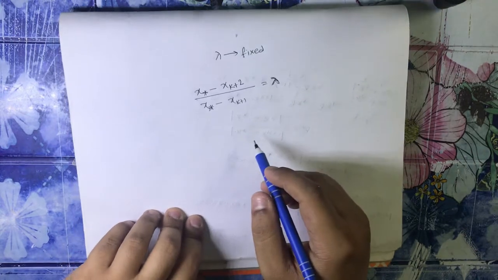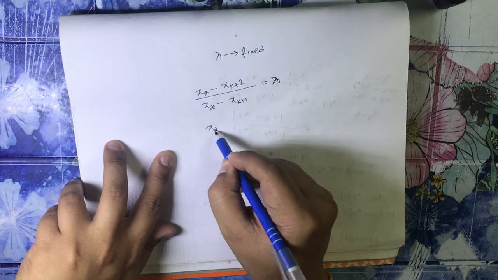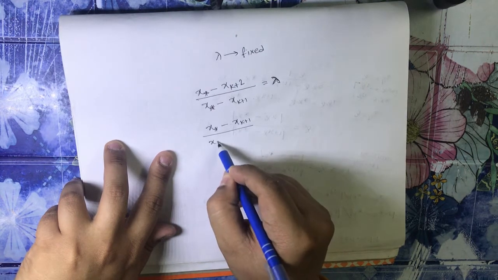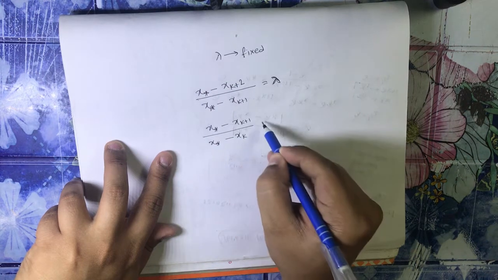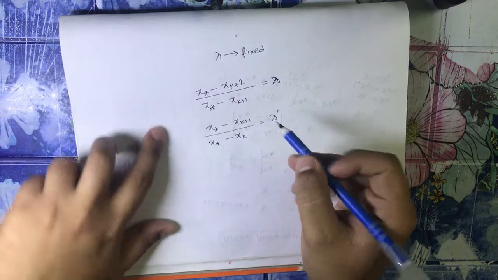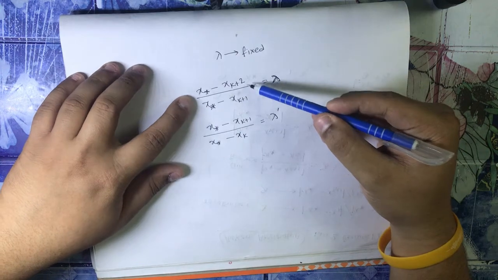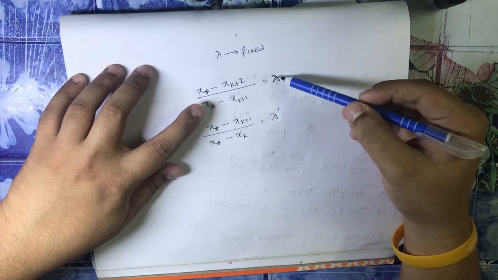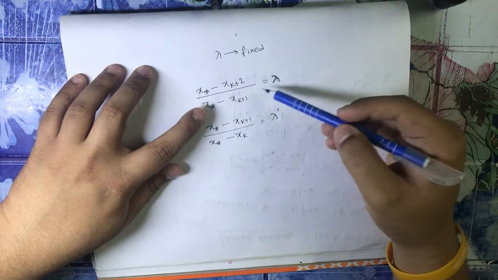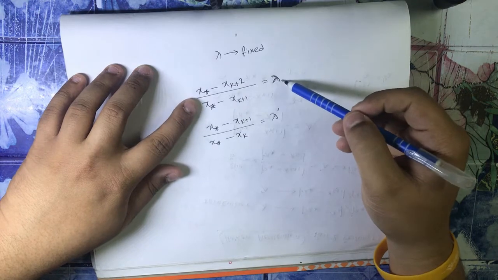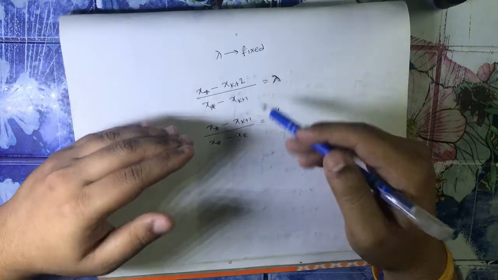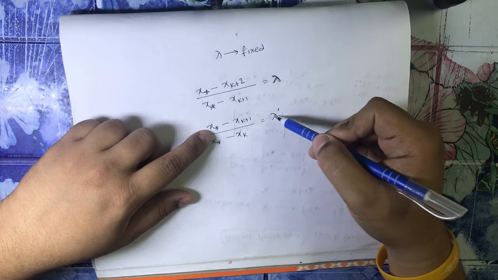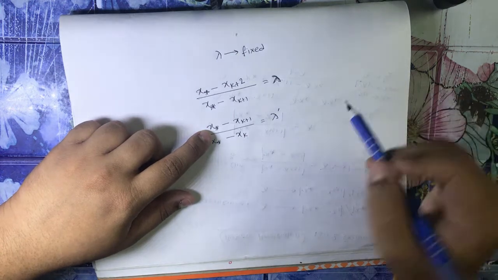And we assume that x star minus xk plus 1 divided by x star minus xk is equal to lambda prime. So for the third step and the second step, we're denoting the division as lambda, and for the second step and the first step, we're denoting it as lambda prime.